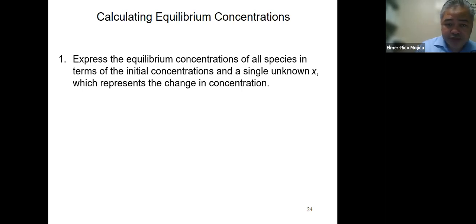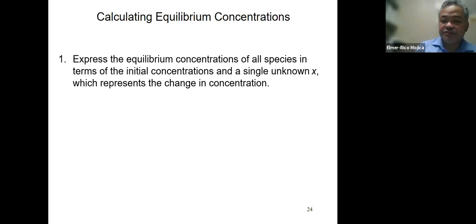Okay, so the first thing that we do is express the equilibrium concentration of all species in terms of the initial concentration and a single unknown X, which represents the change in the concentration. So remember, this is where you're just given the initial concentration and asked what the concentration will be at equilibrium.